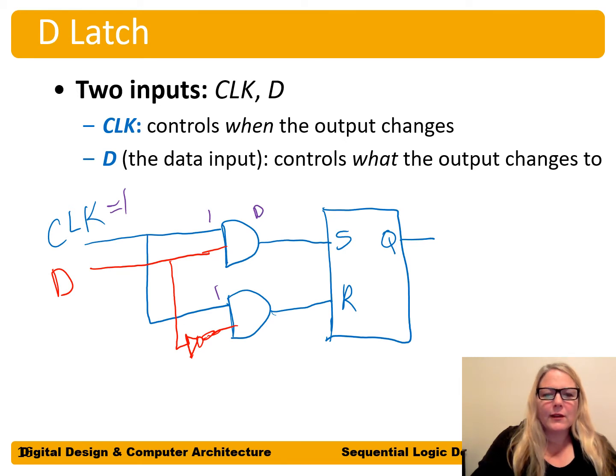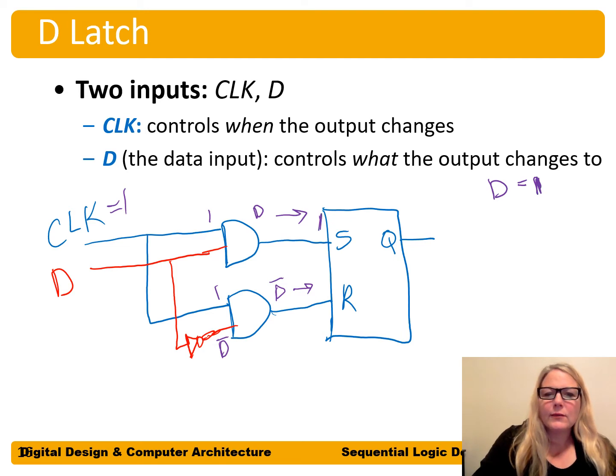So D comes out of this gate and goes into the S input of the SR latch, and this is 1 and D bar, so 1 and D bar is just D bar, feeds into the R input of that SR latch. And so let's think about what happens when D is equal to 1.